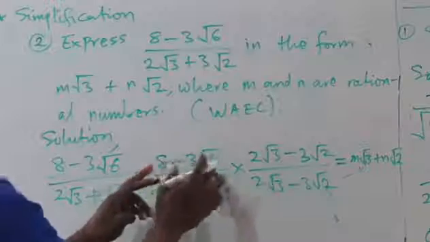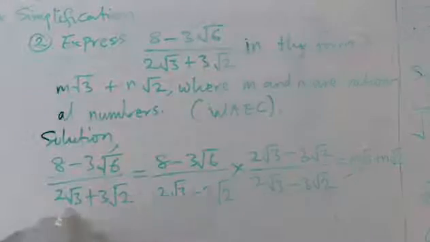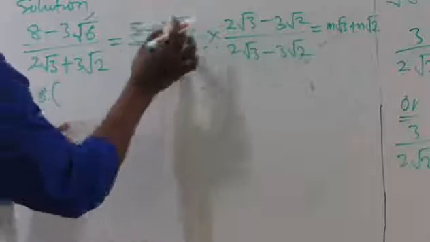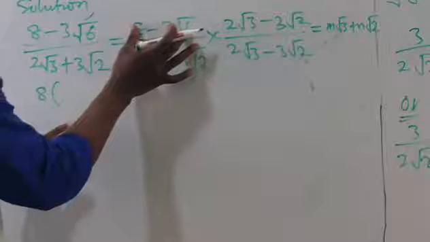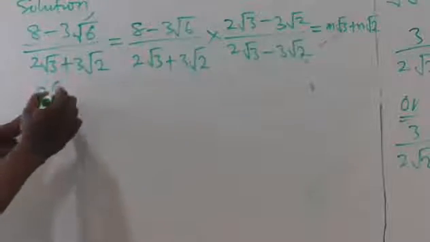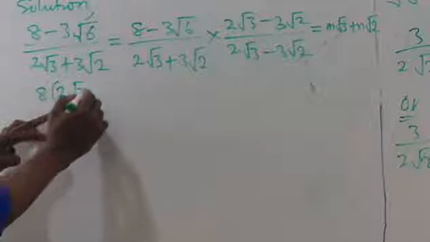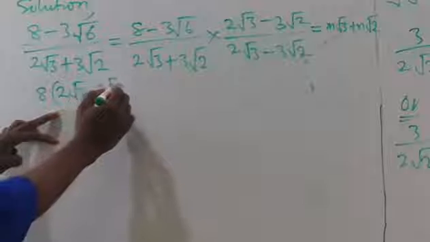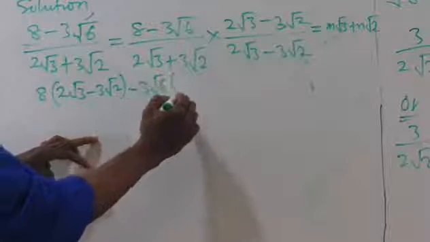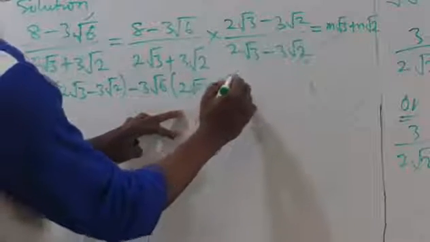So by multiplying numerator with numerator, denominator with denominator, we have 8 into bracket. Use 8 in the first numerator to multiply all of the second numerator. So we have 8 into 2 root 3 minus 3 root 2, then minus 3 root 6 multiplied by 2 root 3 minus 3 root 2.